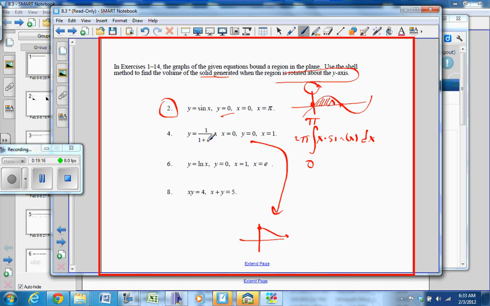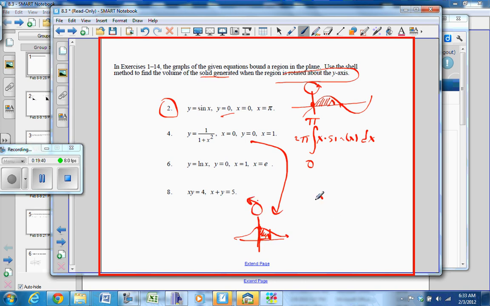And because of that x squared, you're going to have some symmetry on the other side. So it's going to look something like that. And we're looking at the region bounded between x equals 0, x equals 1, and y equals 0. So that little area there, we're rotating it around the y-axis.